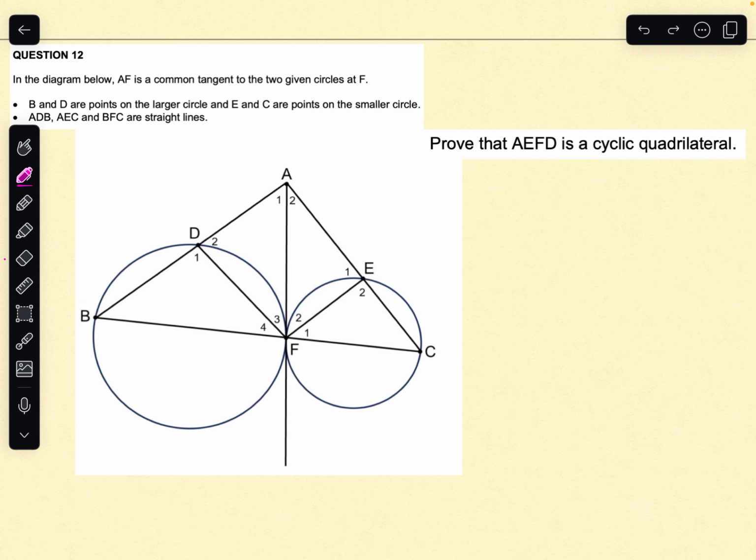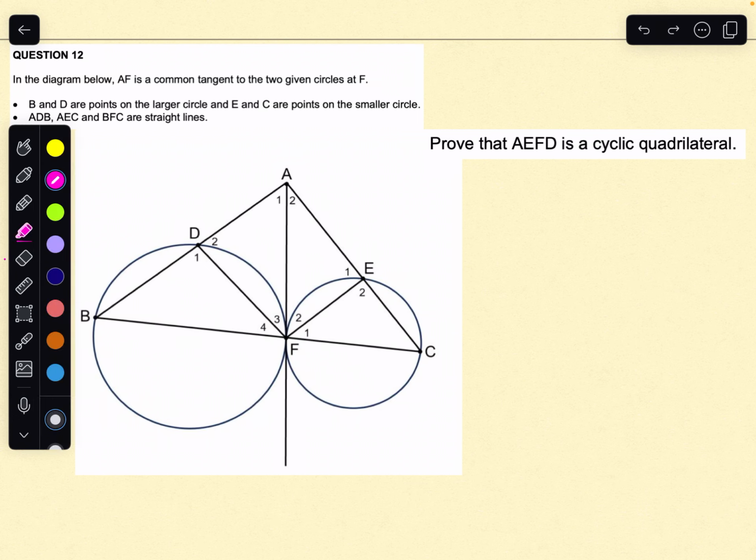Anyway, what can we say? Maybe let's just see where tan chord gets us. So let's look at this chord.